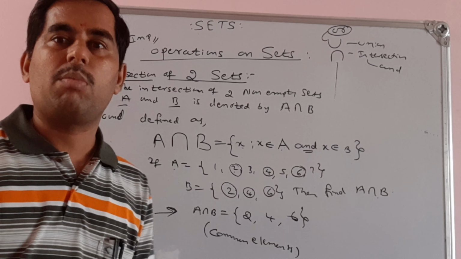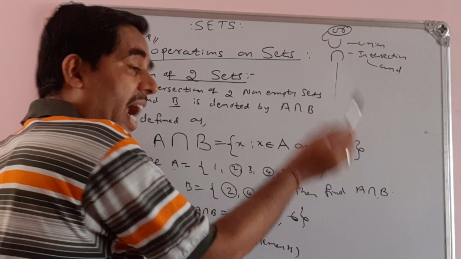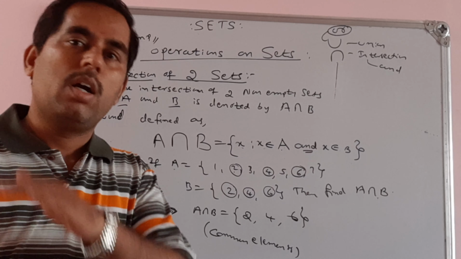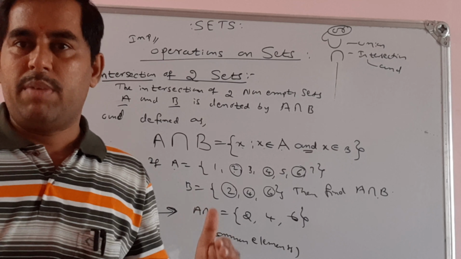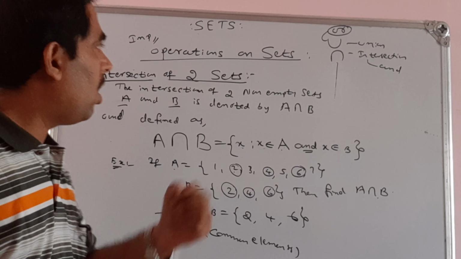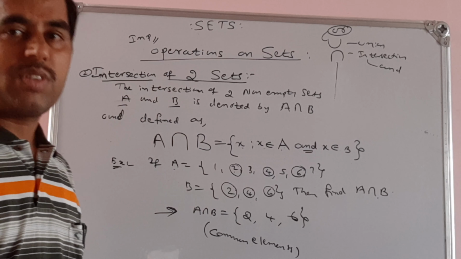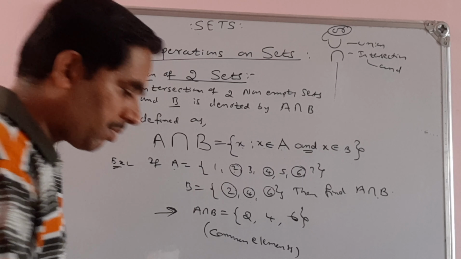The general definition is that the element should be present in both A and B. Union means writing all the elements of the given sets without repetition. Intersection of two sets means writing the common elements, and it is written as A intersection B. So these are the two basic important operations on sets: union and intersection.